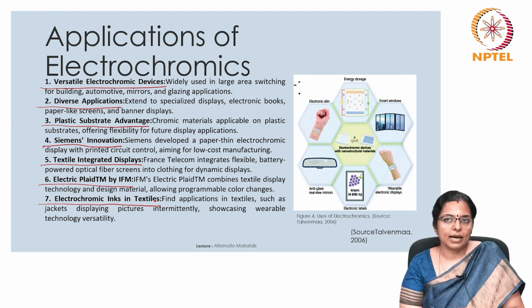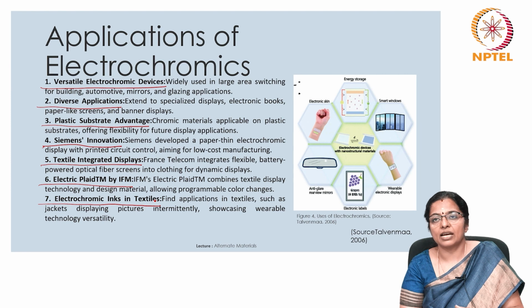They are commonly employed in large scale applications like buildings, cars, mirrors and windows. Beyond that, they bring diversity to special displays, electronic books and innovative banner displays. The magic lies in their ability to work on flexible plastic, opening doors for future display advancements.